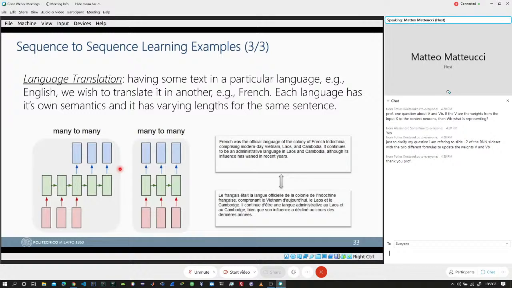These are some classical examples in the recurrent neural networks and long short-term memory literature. Questions? Doubts? Everything is clear so far?